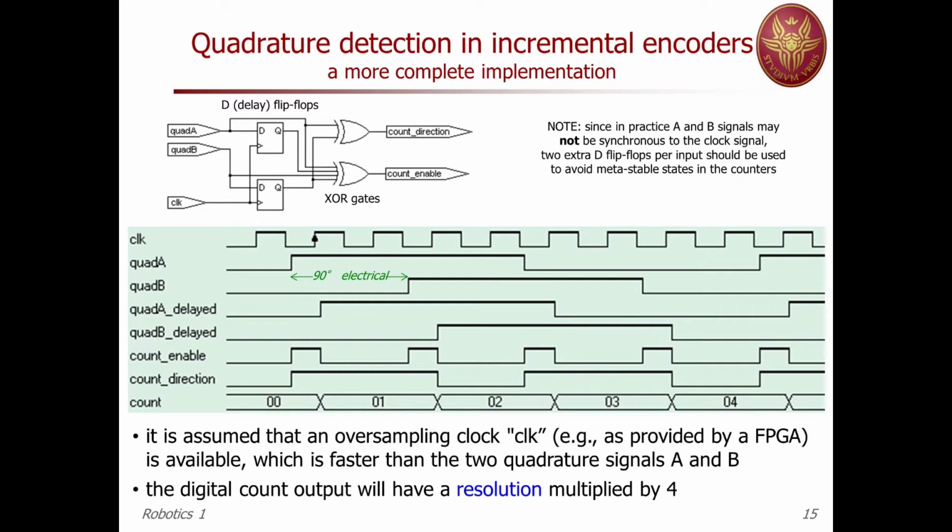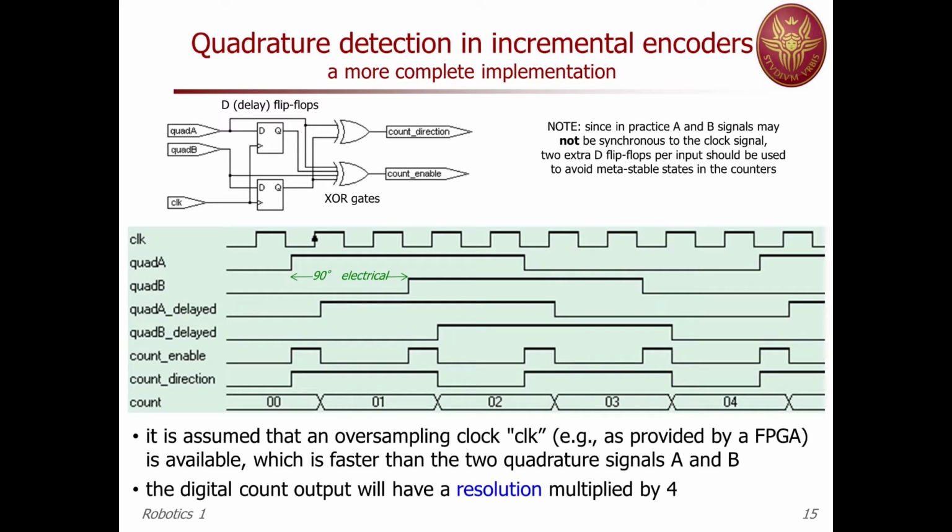So a clock that has much more pulses than those present in channel A or in channel B. It's the same, they are only shifted by 90 degrees electric. Okay? And then you use 2 delay flip-flops, so you generate channel A delayed and channel B delayed, and then you use, again, exclusive OR gates, and you use one signal with the XOR. Pay attention how you define XOR of more than 2 inputs.